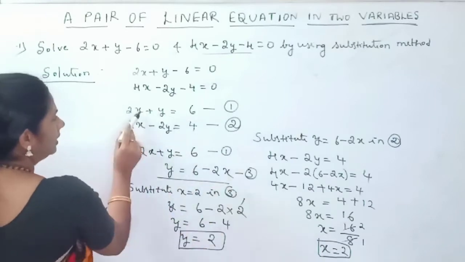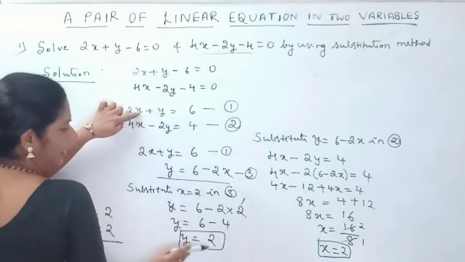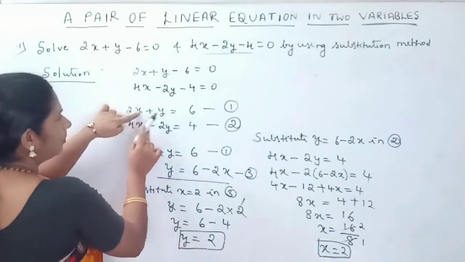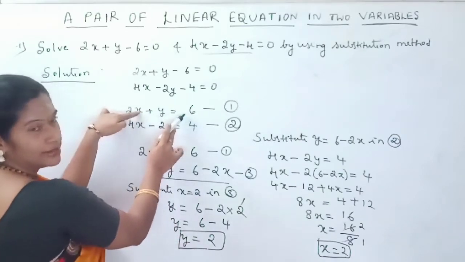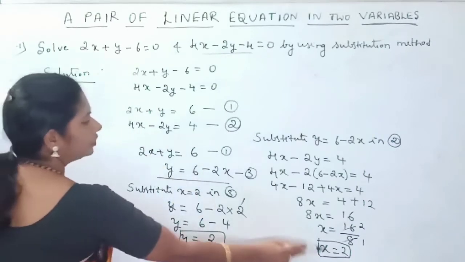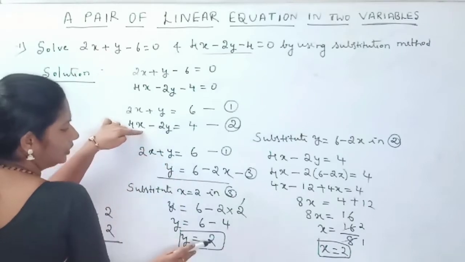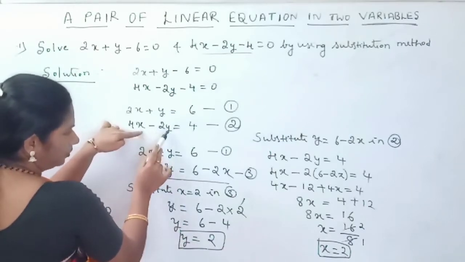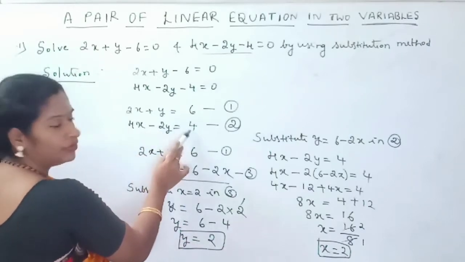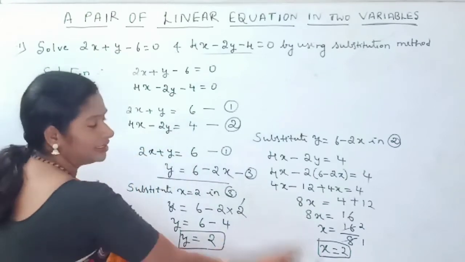In place of x you substitute 2. 2 twos are 4. What is the value of y? It is 2. So 4 plus 2, yes, it is 6. Next, again in the second equation also you can substitute x = 2, 4 twos are 8, minus 2 into 2, 8 minus 4, it is 4. We are getting LHS equal to RHS. So your answer is correct.